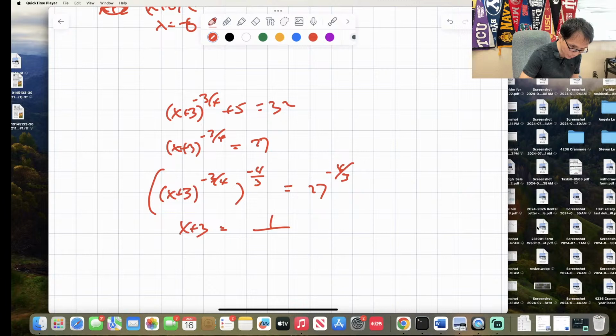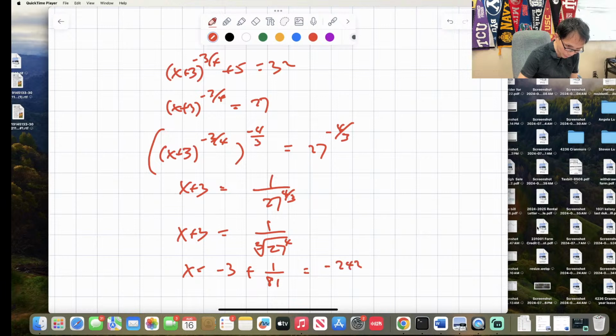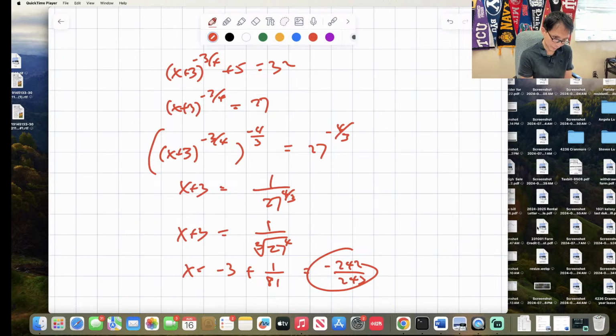This is going to be 27 to the negative 4/3, which is 1 over the cube root of 27 to the fourth, so 1 over 81. x equal to negative 3 plus 1 over 81, so negative 242 over 81, sorry, it's over 81. 2 check marks.